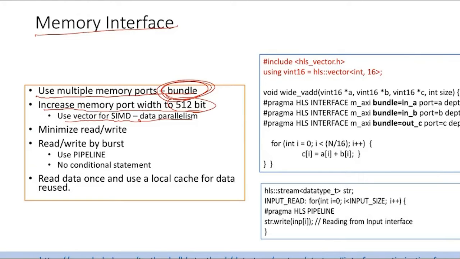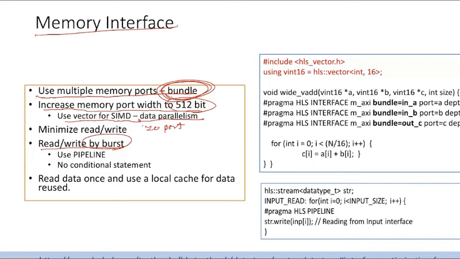And you want to minimize the read/write on the I/O port. If you have to do multiple read/write accesses, then you'd better cache the data, instead of accessing the I/O every time. And you do the read/write by burst.